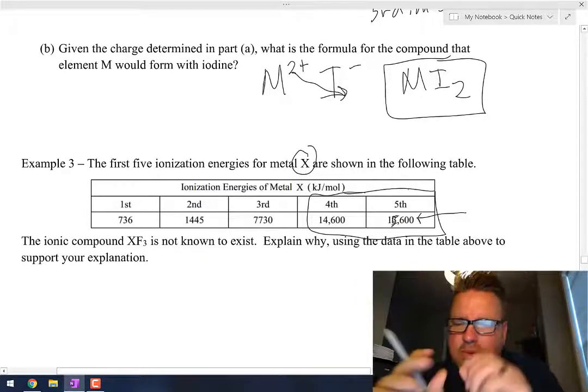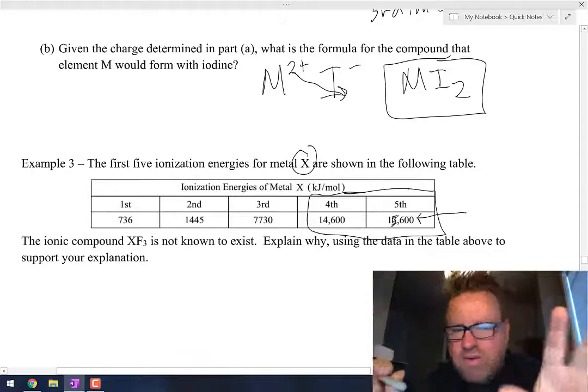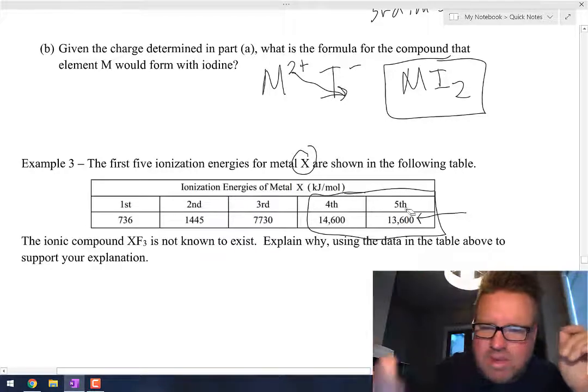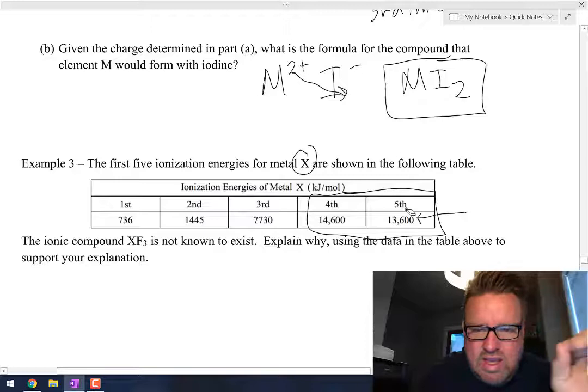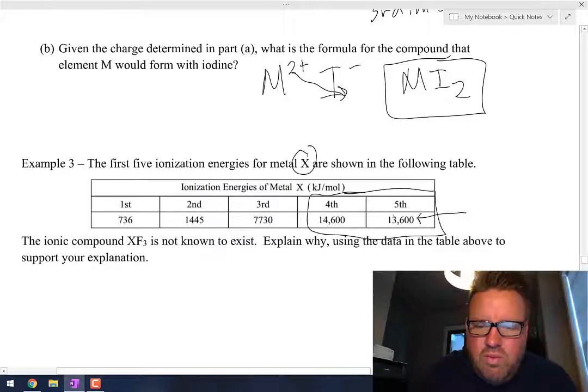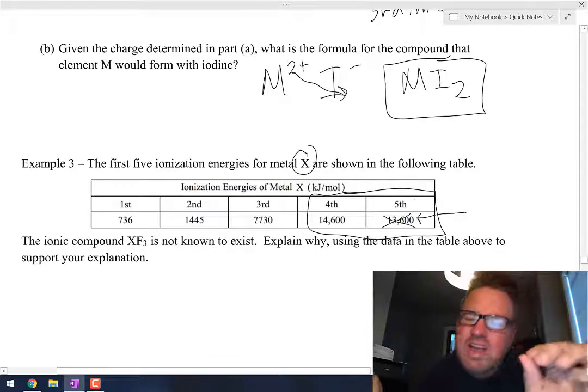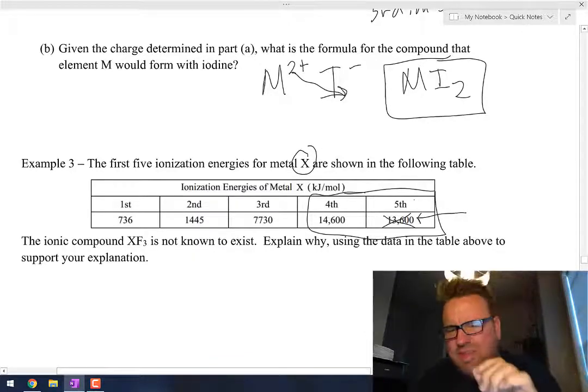They very, very rarely make typos. This happened in the testing year of 2020 when school had gotten canceled and they were in a big rush to make all these questions. So very rare for them to make a mistake, but that should not be 13,600.